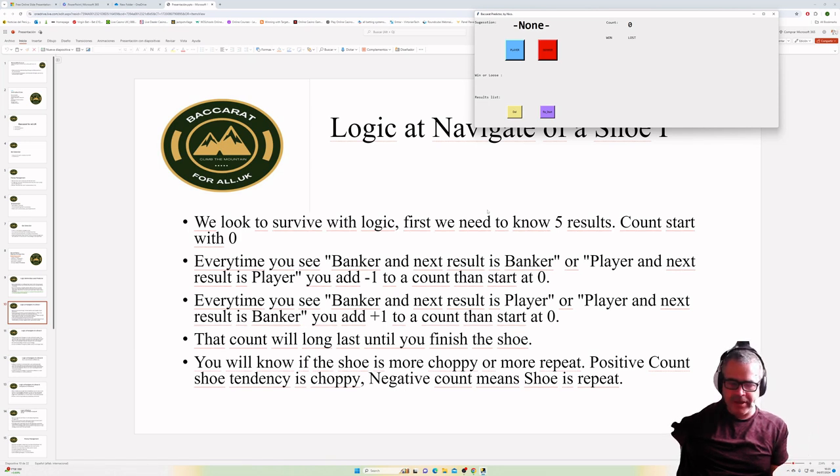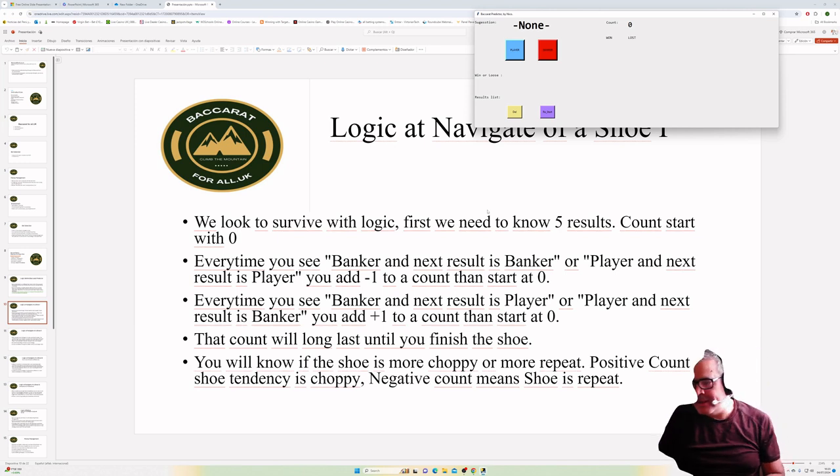a very logical way. The first thing the software does is try to determine if the shoe is a repeat shoe or a choppy shoe. So what does repeat mean? It means the shoe has the tendency to repeat.